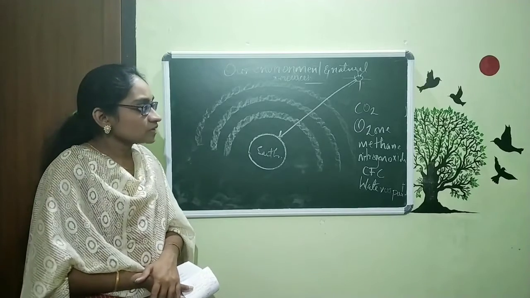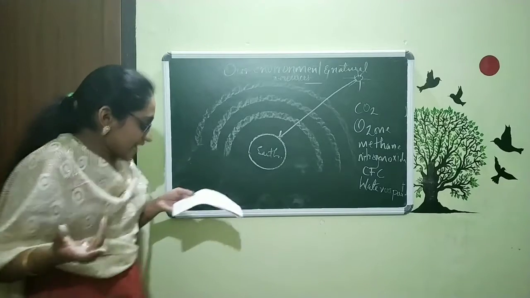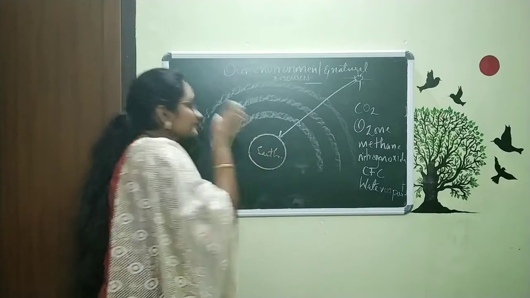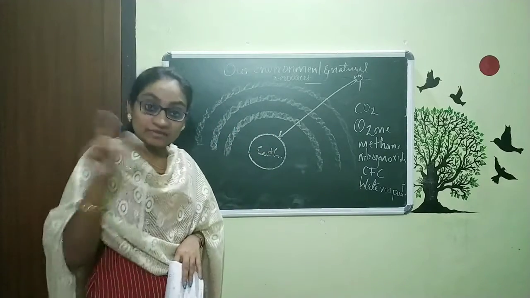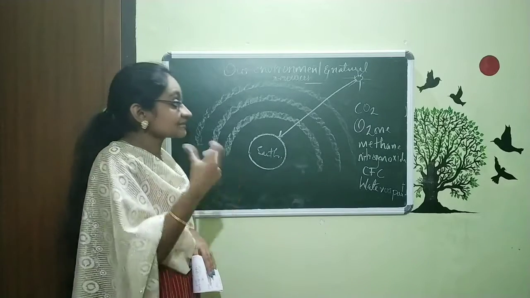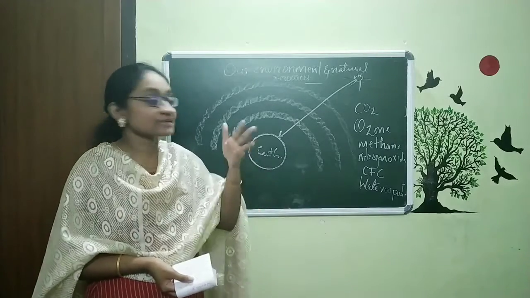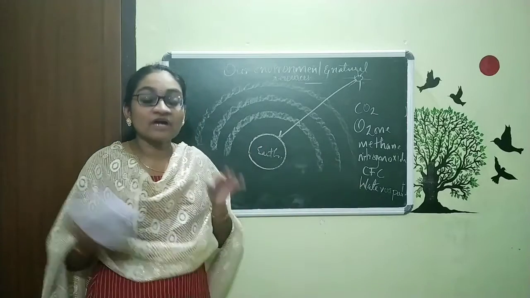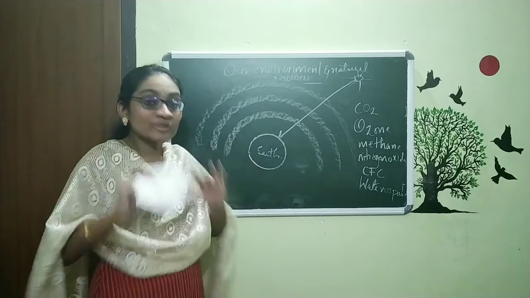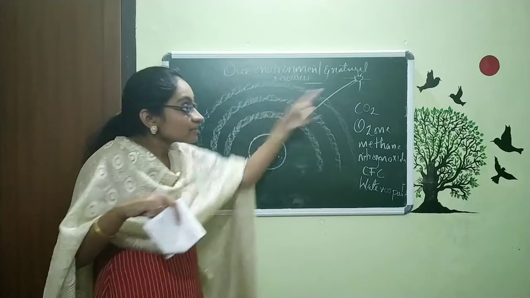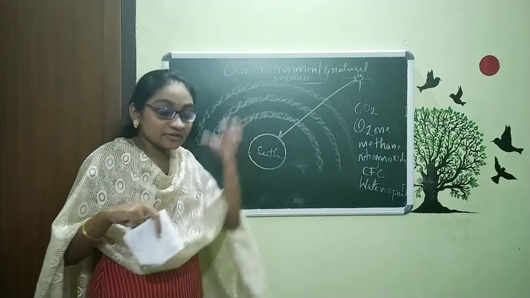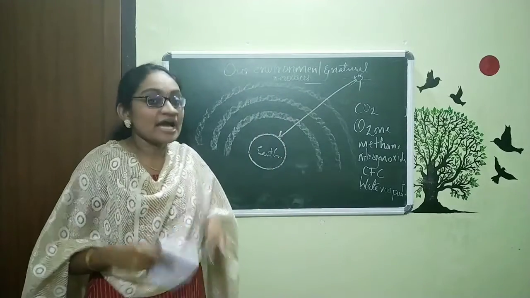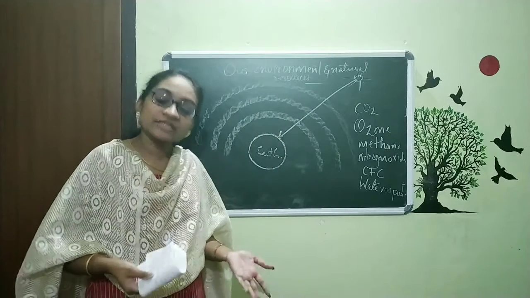And so we can say, as the definition, our Earth has a number of layers of atmosphere, and these layers contain different gases like carbon dioxide, oxygen, methane, nitrogen oxide, chlorofluorocarbon, water vapors, all these things which block the heat coming from the sun, and it is just trapped at the surface of Earth. And so this is what the greenhouse effect is.